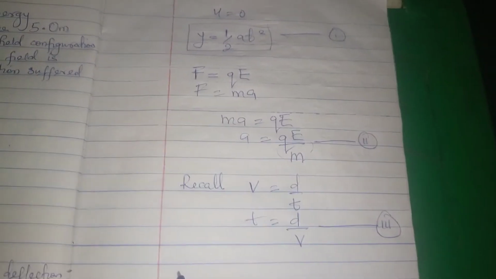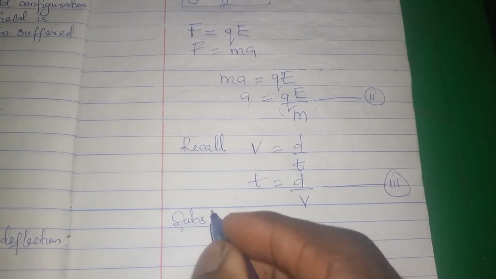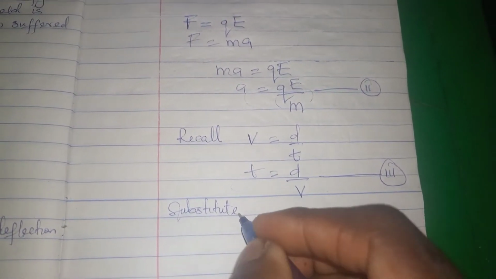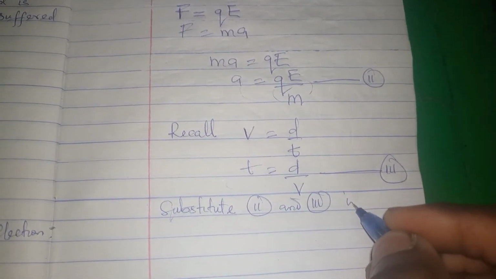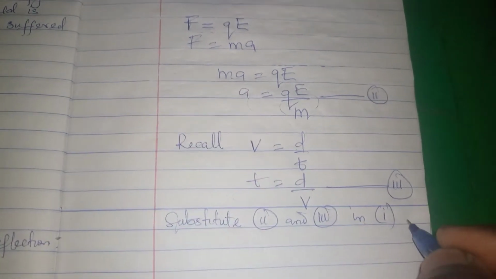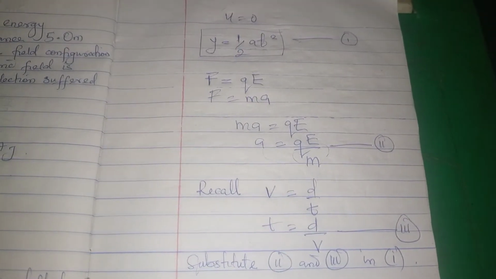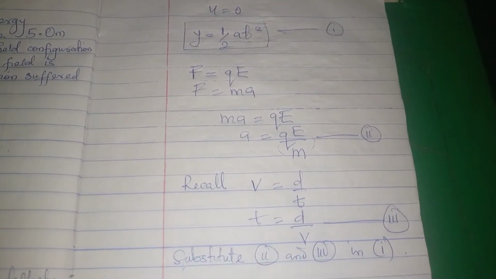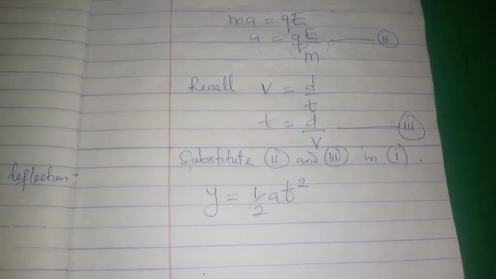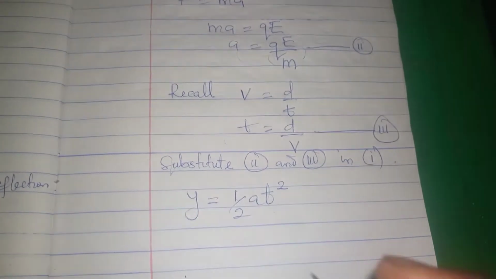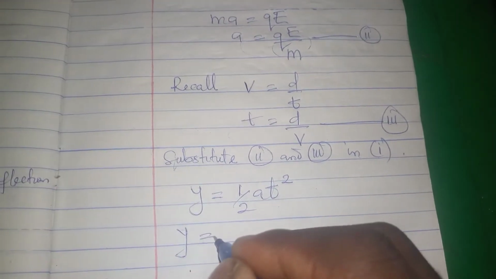So let's substitute equation 2 and 3 into 1. So we now have that, see equation 1 up there, y equal to half at square. I've written that again. If we put equation 2 here, we now have y, 2 and 3 here.